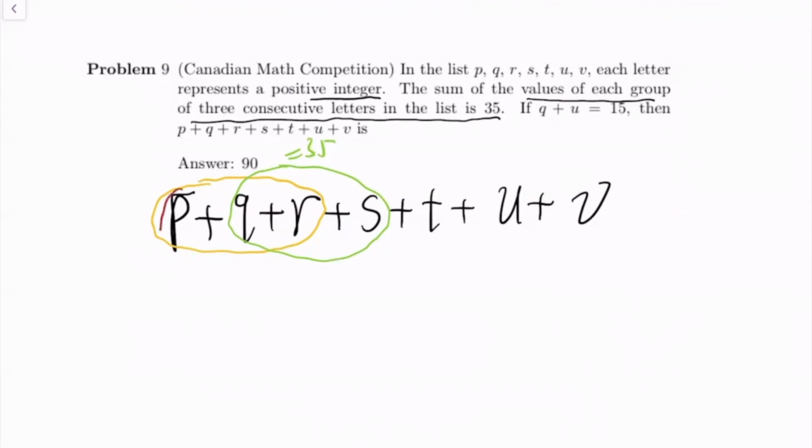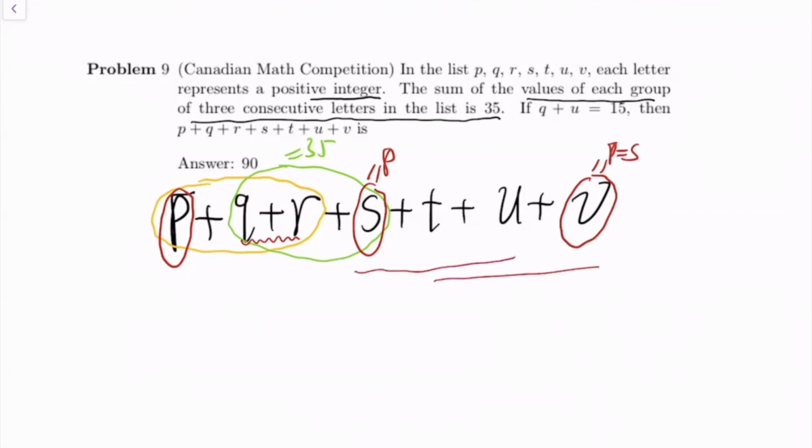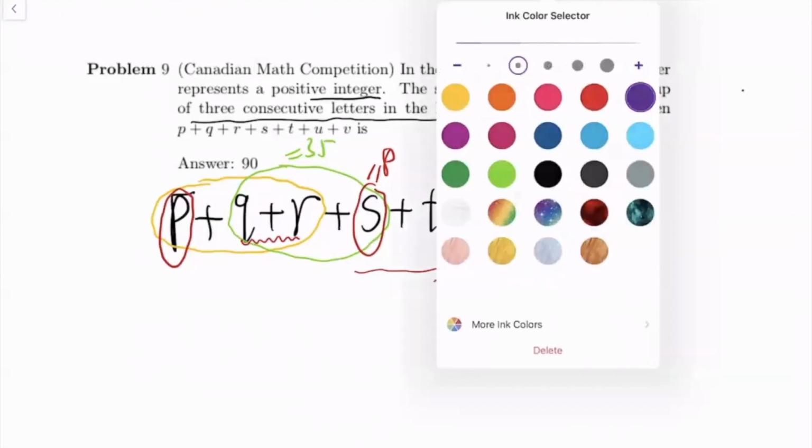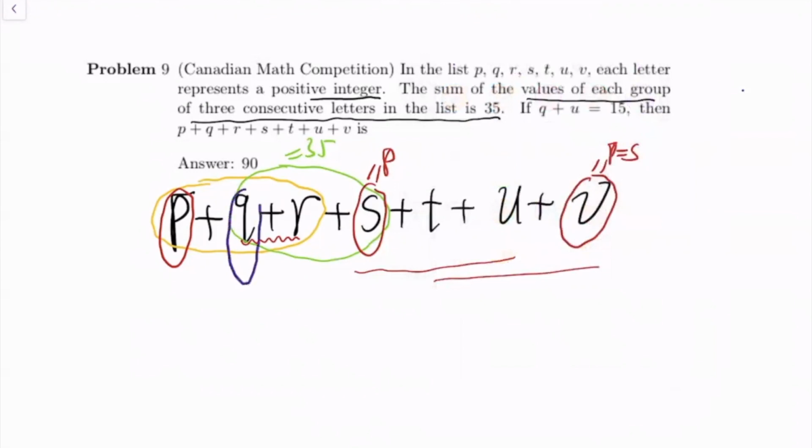This tells us that P and S are the same, because both of them add Q plus R to get 35. Similarly, if you consider the next three numbers, Q will be the same as T. So T equals Q.